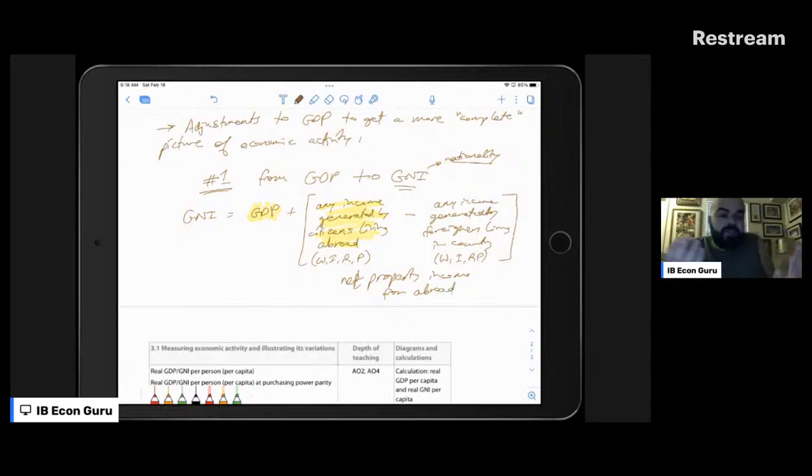I'm an Australian citizen, actually. My salary and my income is generated within the United States, so it would be included in American GDP. The GDP of the United States would include all of my income. But the GDP of Australia would exclude my income because I don't live in Australia. My income's not generated in Australia.